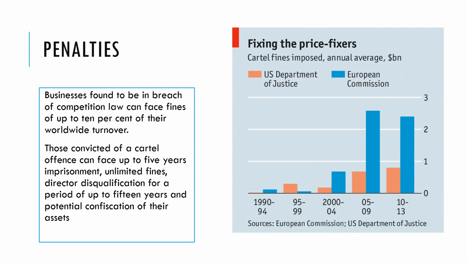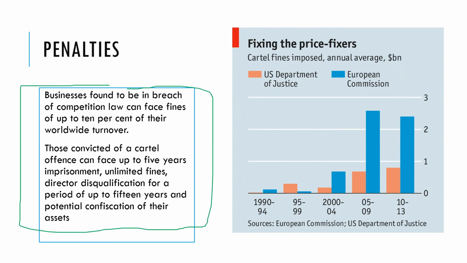Those convicted within a business of a cartel offence can face up to 5 years imprisonment, unlimited fines. They can be disqualified from being the director of a business for a period of up to 15 years, and some of their assets can be confiscated. So there are significant penalties if businesses or individuals can be found to be engaging in collusive practices. This is much easier for overt collusion, much harder to prove if it's tacit.